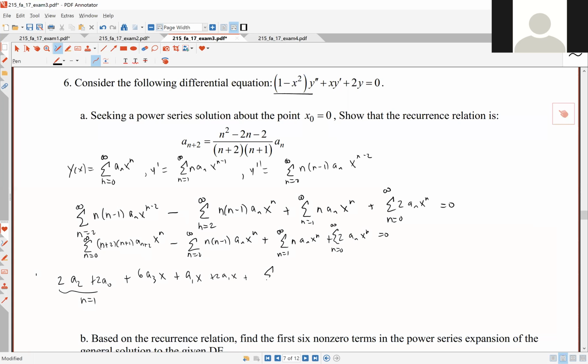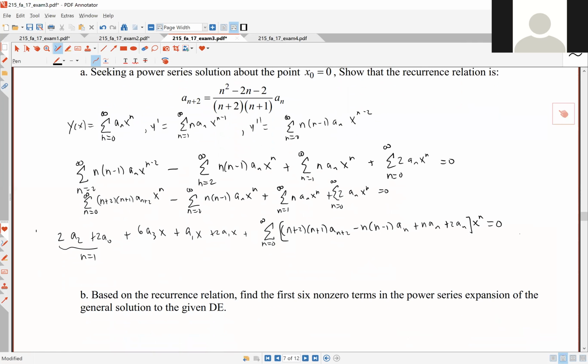Now we have sigma n equals 0 to infinity of (n plus 2)(n plus 1) a sub n plus 2, minus (n minus 1) a sub n, plus n a sub n, plus 2 a sub n, x to the n equals 0. So there's our recurrence relation right there.